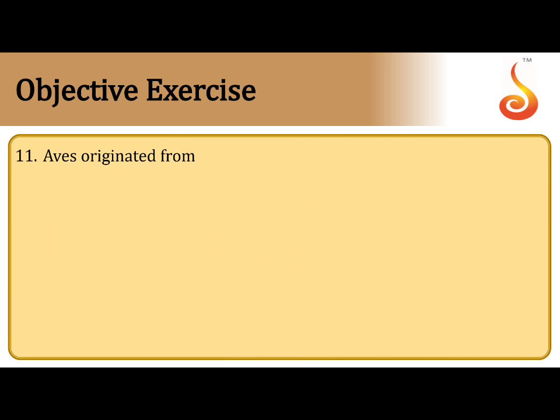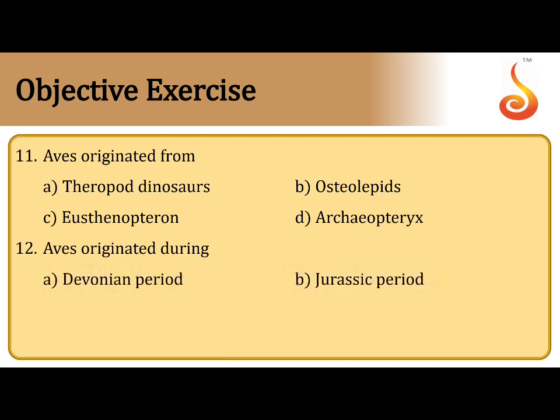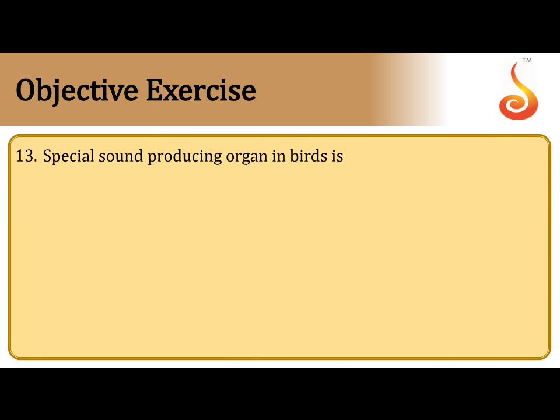Aves originated from theropod dinosaurs, ostilipids, Eusthenopteron, Archaeopteryx. Question 12. Aves originated during Devonian period, Jurassic period, Carboniferous period, Silurian period.